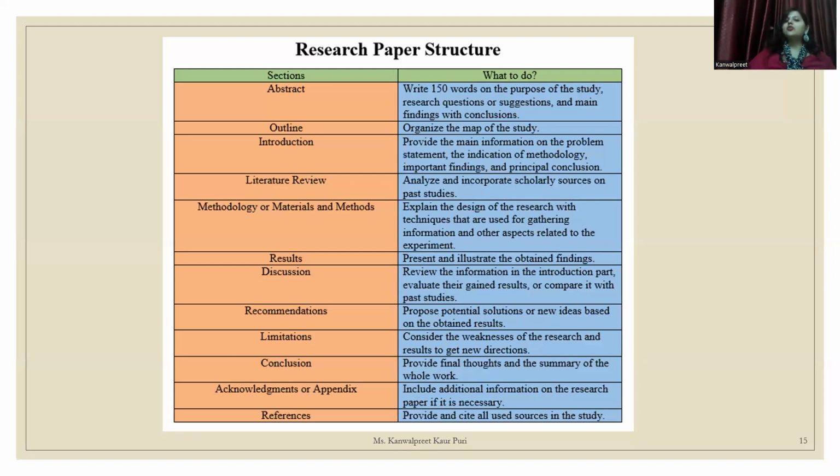Then we have the conclusion. You provide final thoughts and a summary of the whole work, and show that the conclusion answers your research question, whether you were able to achieve those findings, the results and the discussion. Remember the title of the paper, your objectives, and hypothesis are very much in consonance, in alignment.